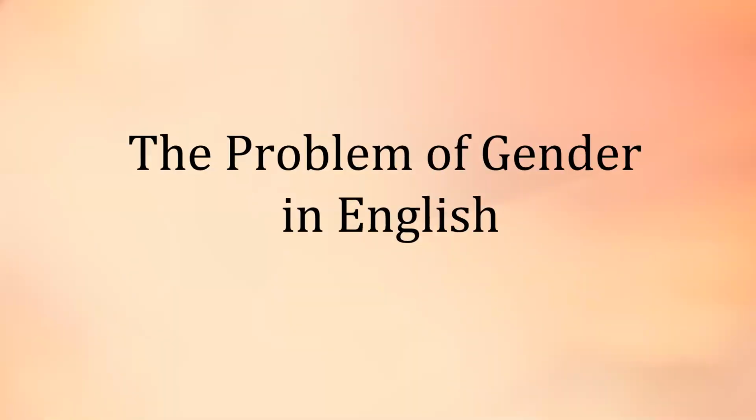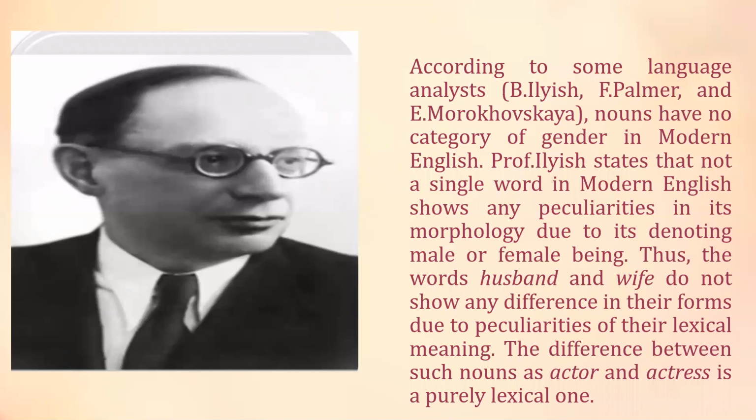Let us discuss the problem of gender in English. This is quite a disputable issue in modern English linguistics. According to some language analysts, Ilyish, Palmer, and Mukovska, nouns have no category of gender in modern English. Professor Ilyish states that not a single word in modern English shows any peculiarities in its morphology due to its denoting a male or female being.